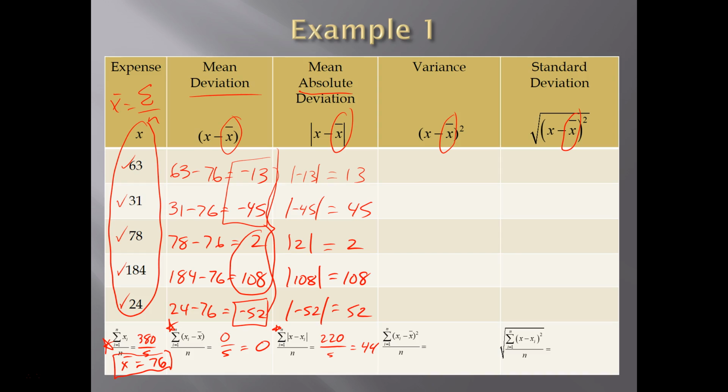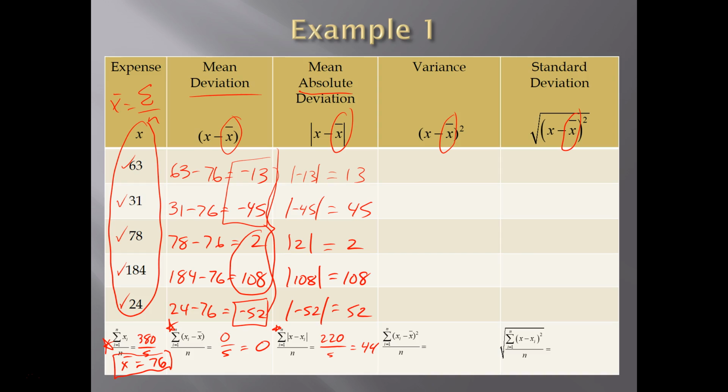Now we know the mean absolute deviation, how far we are number-wise away from the average, but let's talk about getting that into a relative number so that it's relative to the mean itself. That's where variance and standard deviation come into play. They relate these mean absolute deviations, these mean deviations, to the mean itself. A distance of 10 doesn't always mean the same thing based on what your mean is.